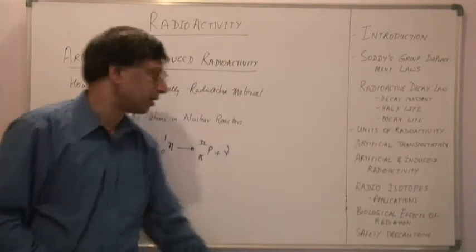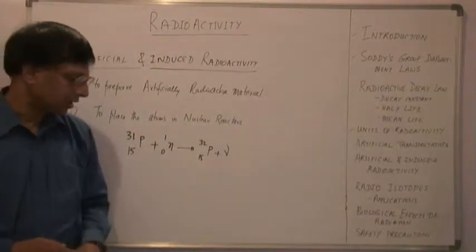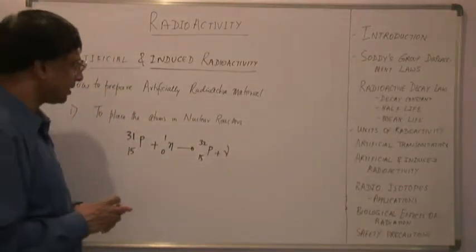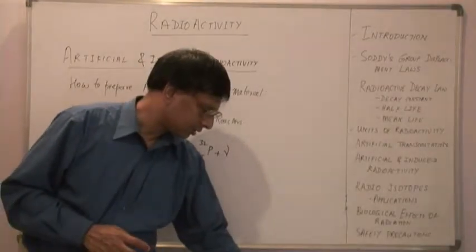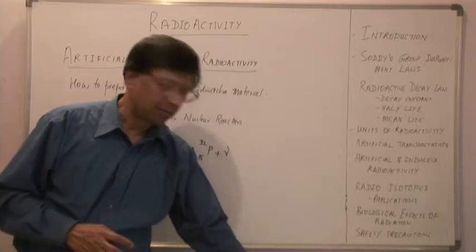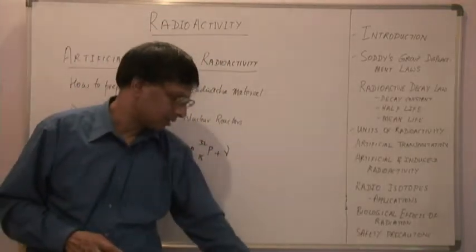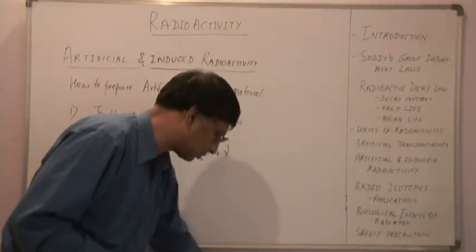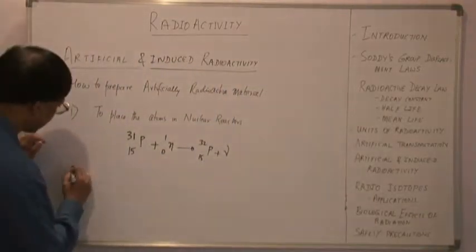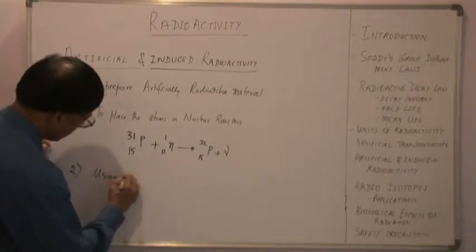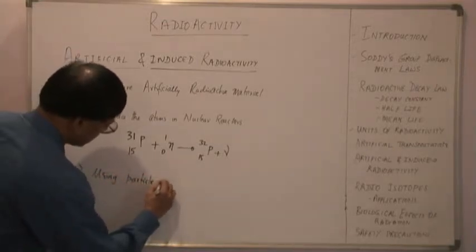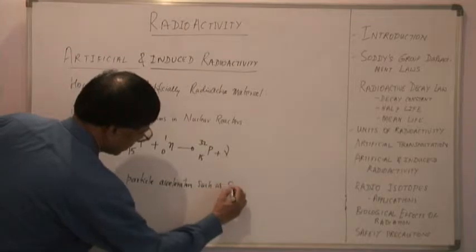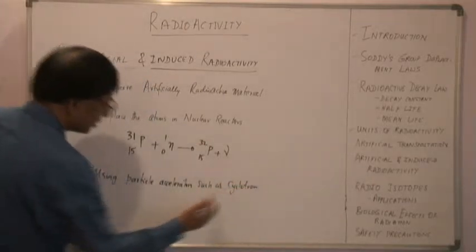The other way of making artificially radioactive material is to bombard these elements with external particles such as deuterons from particle accelerators like a cyclotron.